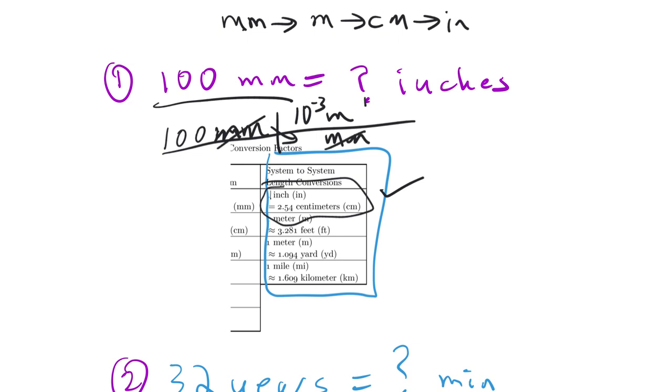Cancel out the units. I'm going to go to centimeters now. Bring down the meters to centimeters. Little c stands for 10 to the negative 2. You can look that up on the table.